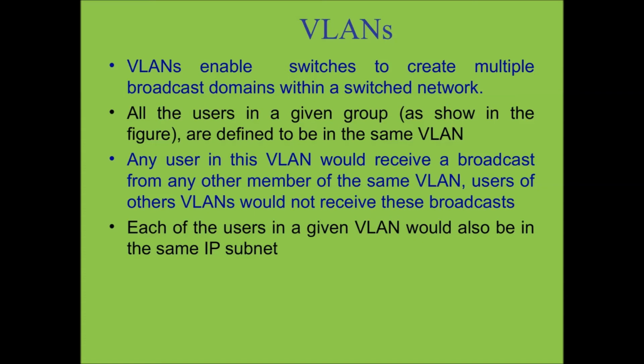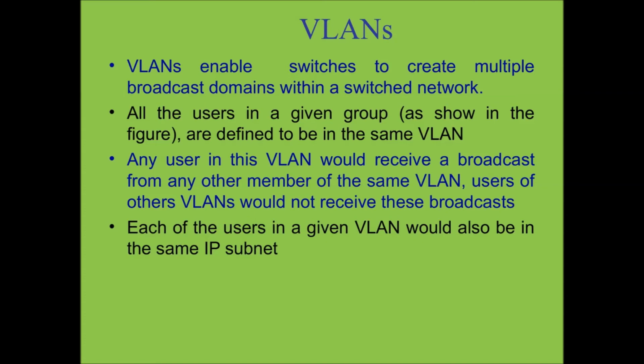all the users in a given group are defined to be in the same virtual local area network. If we talk about the HR department, all the users of that department must be categorized in the same VLAN. It means if an IP addressing scheme is used for the HR department, the same IP addressing scheme will be used for all devices.